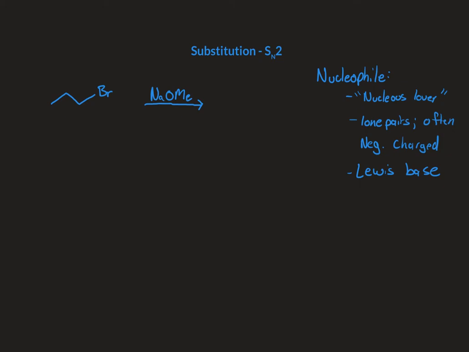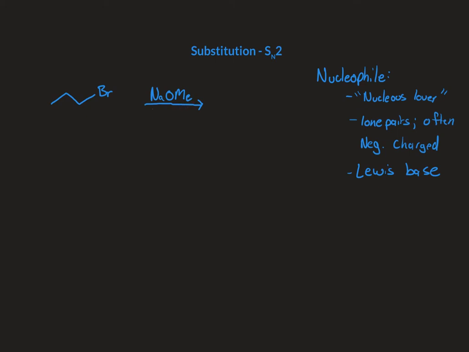Some characteristics of a nucleophilic reaction are that it's going to have a leaving group. In the case of the reaction shown here, this bromine is going to act as our leaving group. It must have a nucleophile, and in this case, it's going to be our methoxide.